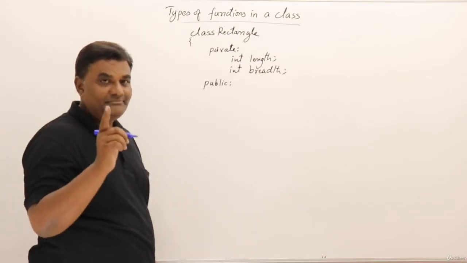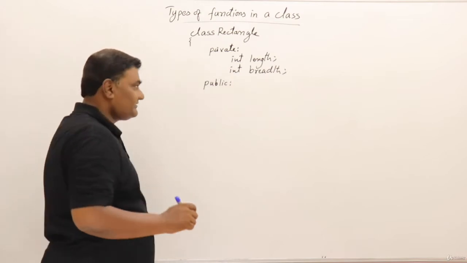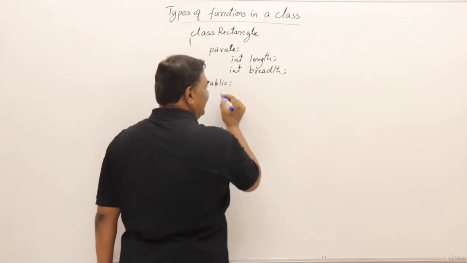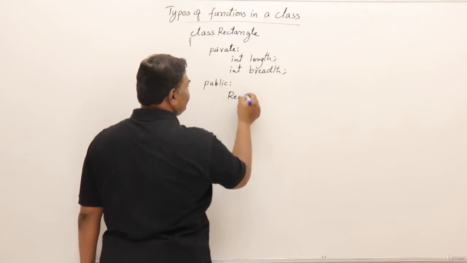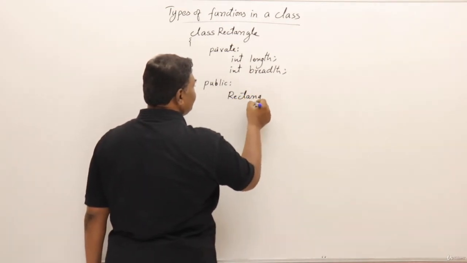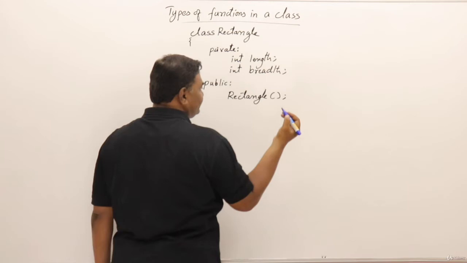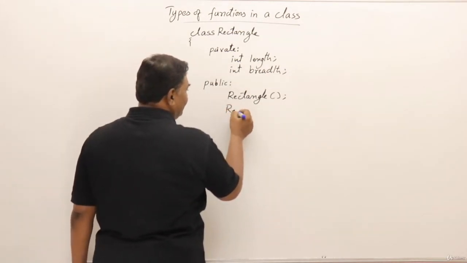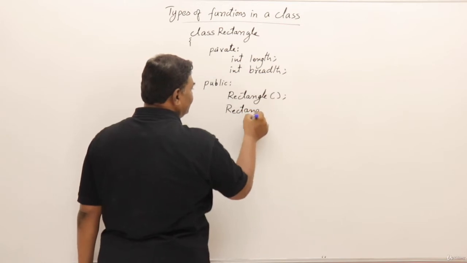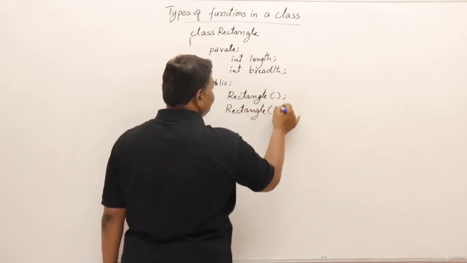The first type of functions are constructors. I will be writing just the heading of a function, that is the prototype of a function. First is the non-parameterized constructor, brackets closed, semicolon. The next is the parameterized constructor, Rectangle, which takes integer.